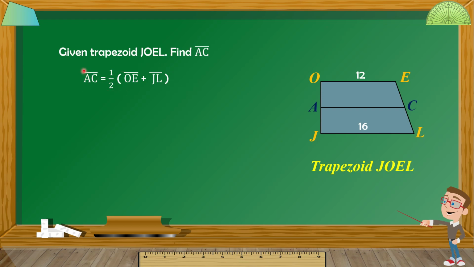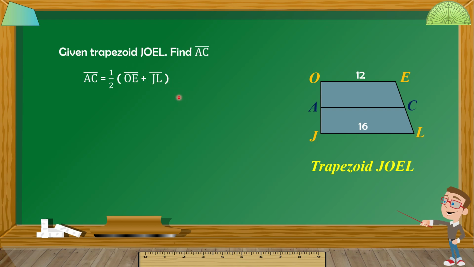Diba si AC, ito yung midline natin. And based dun sa theorem natin, makuha natin yung haba ni midline AC by adding yung length ng bases natin na OE at JL. So, pinag-add natin sila dito and then sabi doon half, diba? Kaya naglagay tayo ng 1/2 dyan na i-multiply natin dito sa sum nitong dalawang bases.